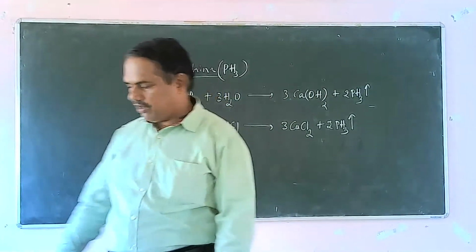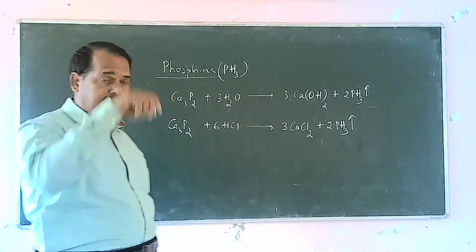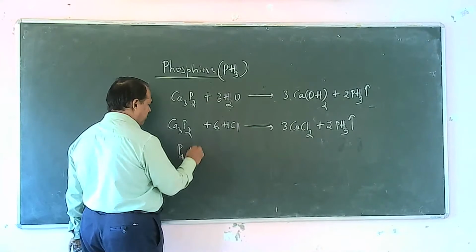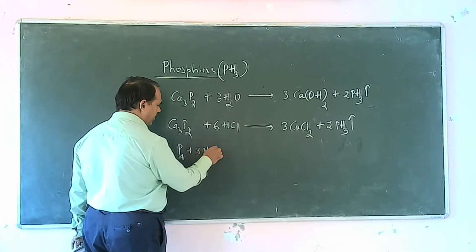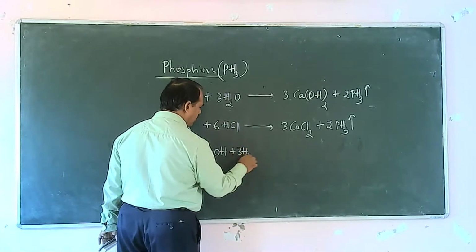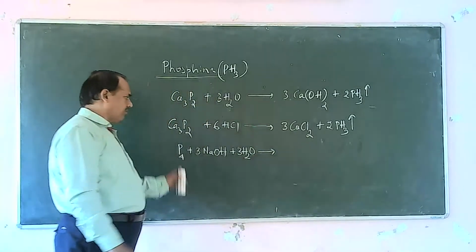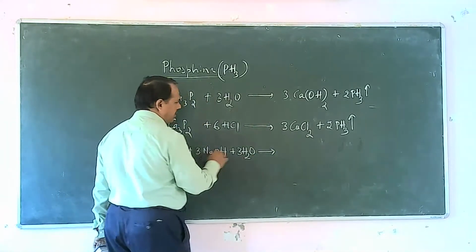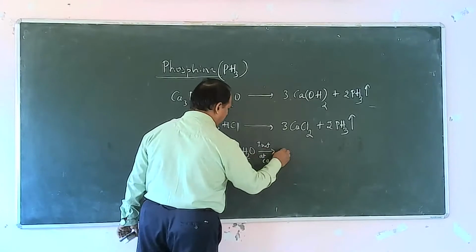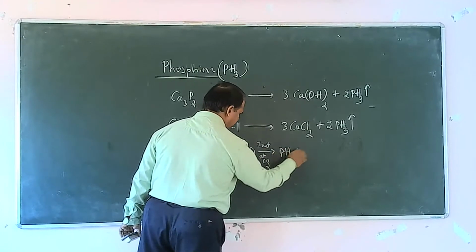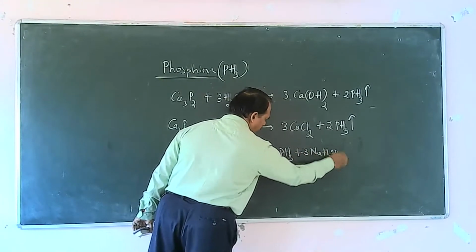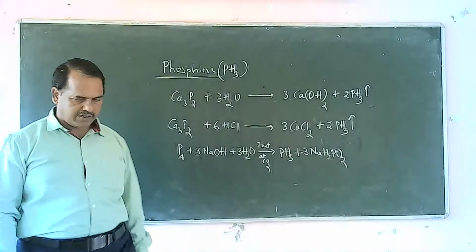Importantly, you already studied how phosphine gas is obtained. When white phosphorus is boiled with a concentrated solution of NaOH with 3H2O, you studied this one important property of white phosphorus, in an inert atmosphere of carbon dioxide, you will get phosphine gas, PH3, plus 3 NaH2PO2, sodium hypophosphite.